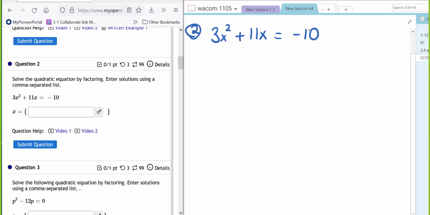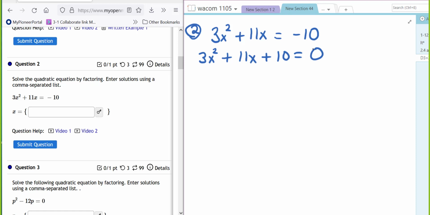And so we still would get the 0 first. So move your 10 to the other side, add it to both sides. So we have 3x squared plus 11x plus 10 equals 0. And they have said to solve it by factoring, which is a hint that it will factor.